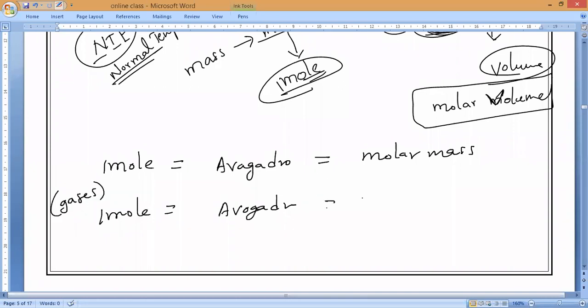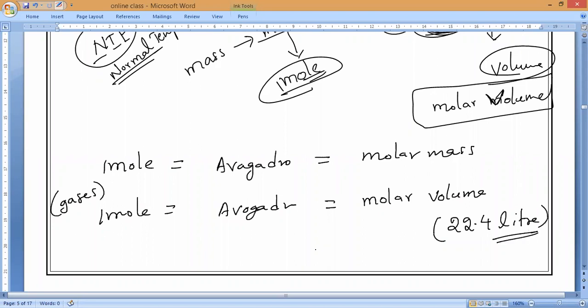Avogadro number is equal to molar volume, which is 22.4 liters. Gas at STP will always occupy 22.4 liters volume. Is it clear? It is very, very important.